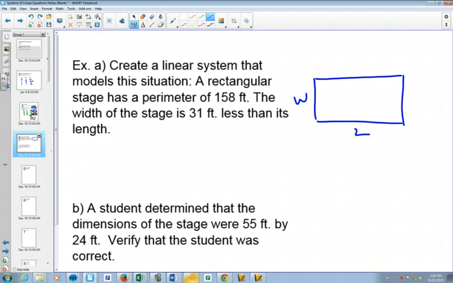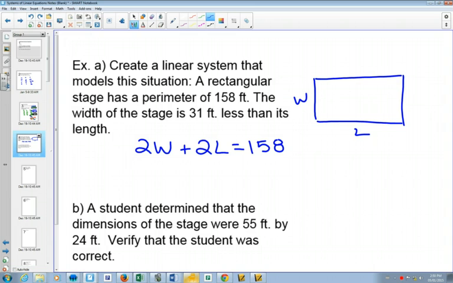How do we write an algebraic equation that says that? 2W plus 2L equals 158. Perfect. 2 W's plus 2 L's is 158.